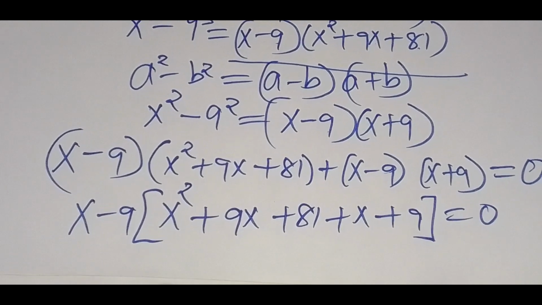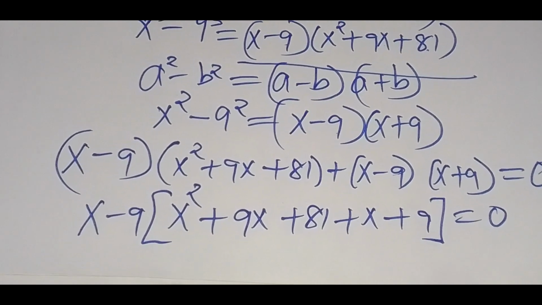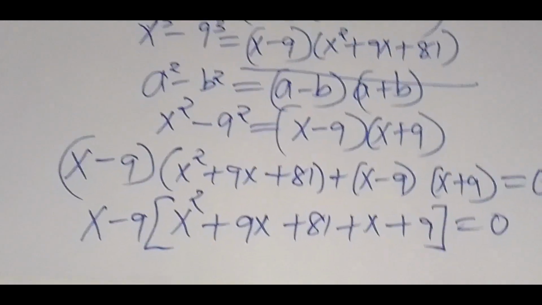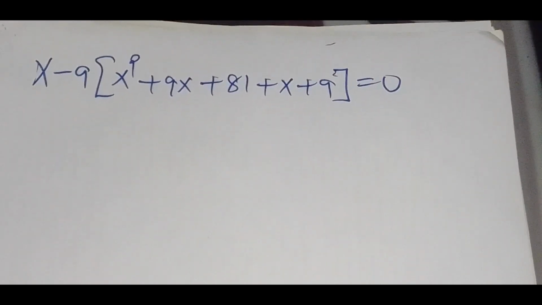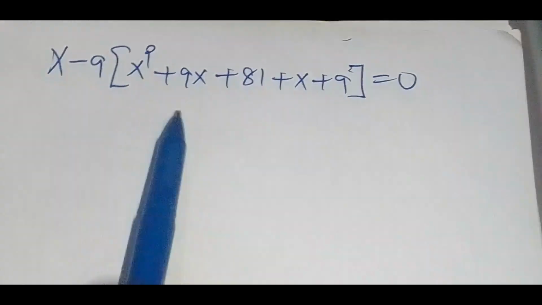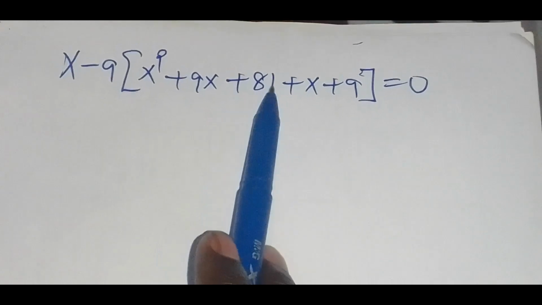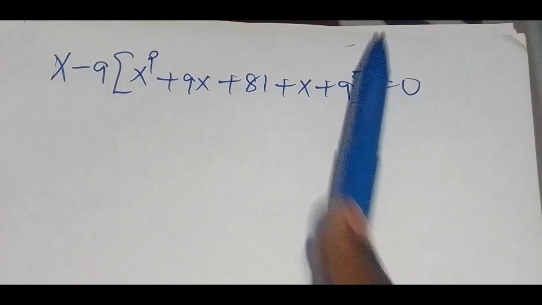Clearly, the first part gives x minus 9 equal to 0, which means x is equal to 9. So the first real root is 9. But now we have the other part: x squared plus 9x plus 81 plus x plus 9 equal to 0.